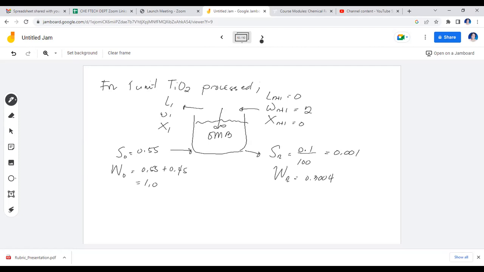Okay. Now, I lump all the thickeners into just one thickener.